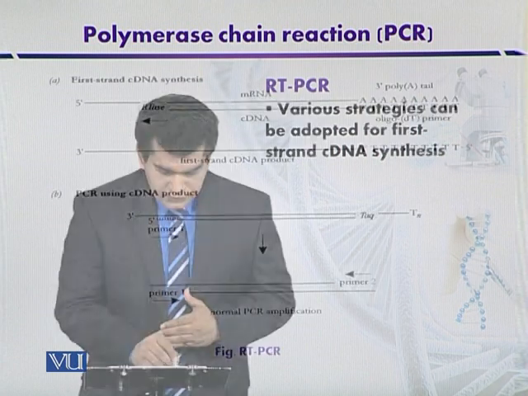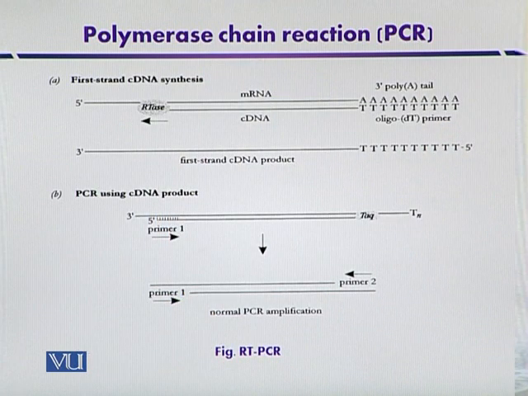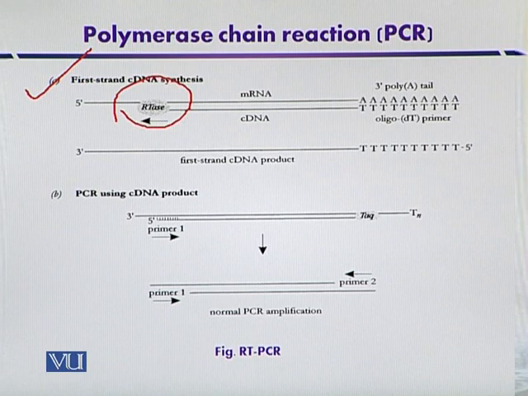So the basic reaction we can explain with the help of another diagram, that is, how we can synthesize the cDNA. So the first step is the first strand cDNA biosynthesis, and the reverse transcriptase enzyme is involved here, and this is the thymine primer that is complementary with the adenine residues.